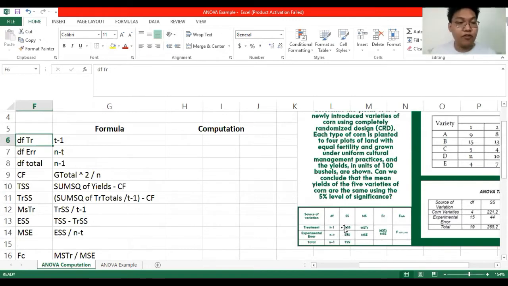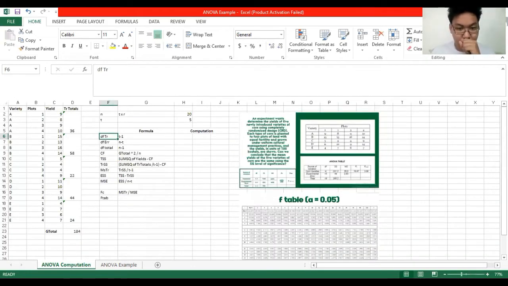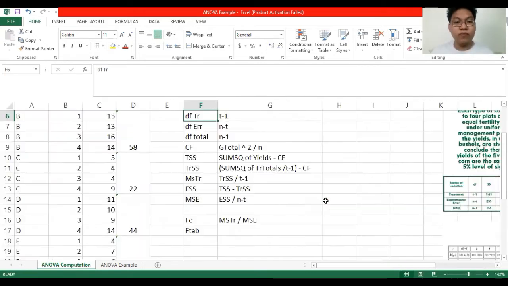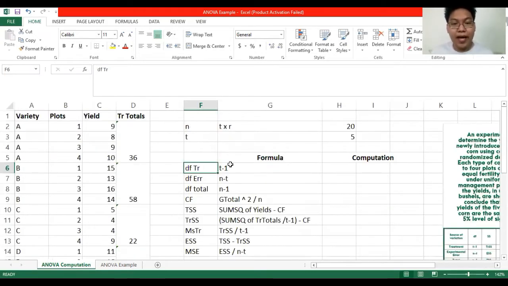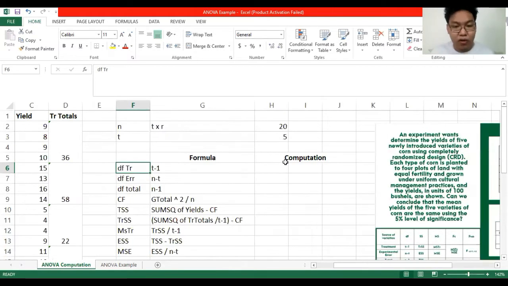For DF treatment, it is T minus 1. I will just zoom out. Here we have established that our T is 5. We have 5 treatments, variety A, B, C, D, and E. So what you need to do is 5 minus 1, that would be 4.